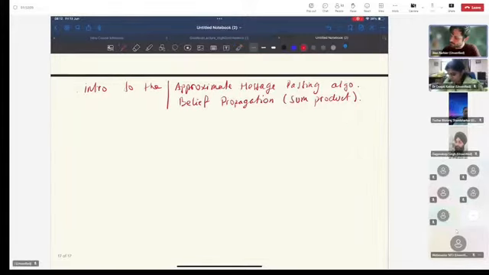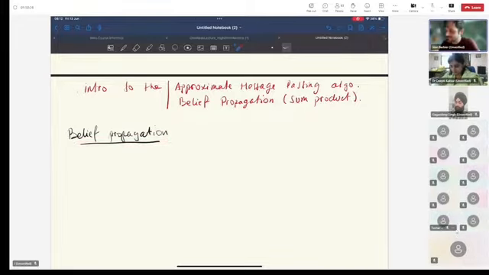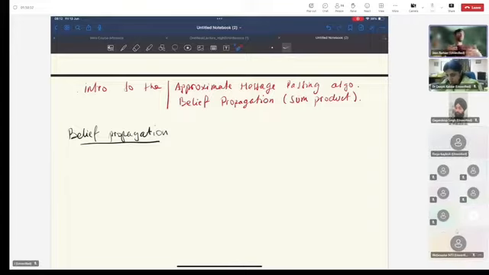So the first thing I'm going to do is present belief propagation. So we will see that this algorithm that, again, I think some of you have encountered is actually the approximate message passing algorithm in disguise, in the sense that belief propagation is an algorithm which is used to solve inference problems on sparse graphs.